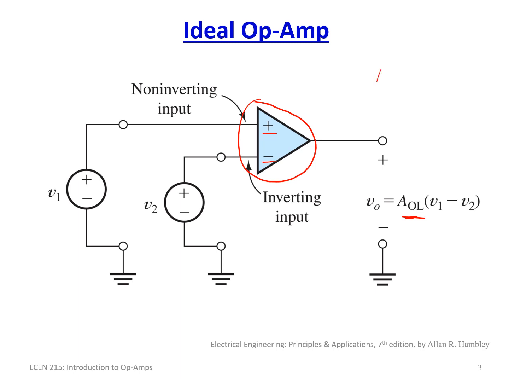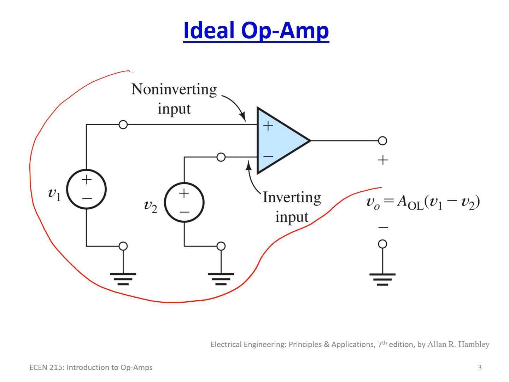For instance, if AOL was 5 volts per volt, which is not what it really is, then if V1 minus V2 was 1 volt, the output voltage would be 5. If V1 minus V2 was 2, the output voltage VO would be equal to 10, and so forth. So this is the general circuit diagram for an ideal op amp.